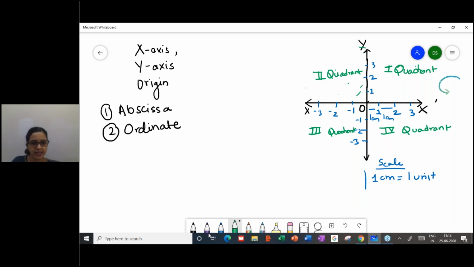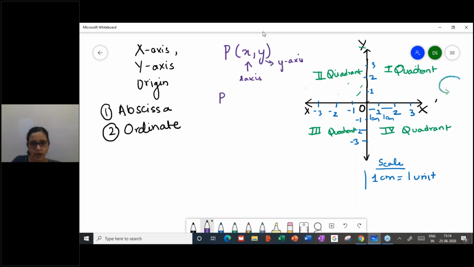Now if you notice, what is the sign in the first quadrant? The sign will be like, okay, so you know how a point is written. If I say point P(x, y), this denotes the point on the x-axis and this will be the point on the y-axis, right?